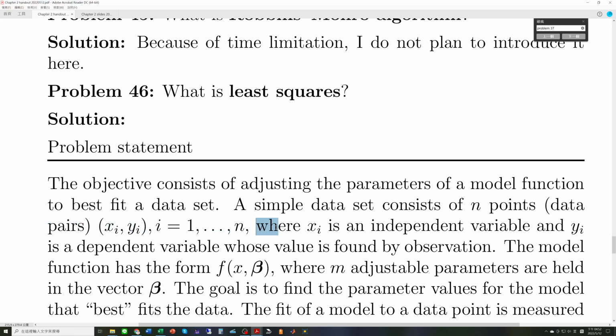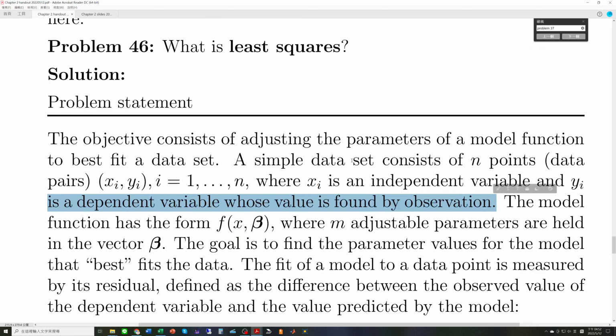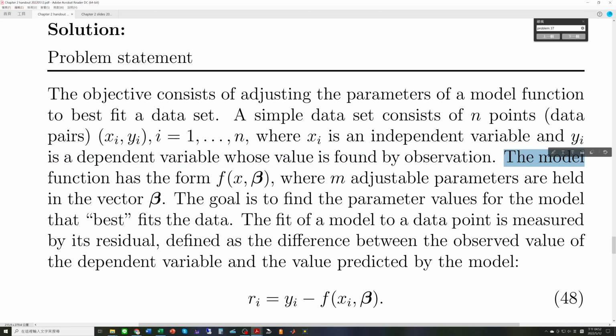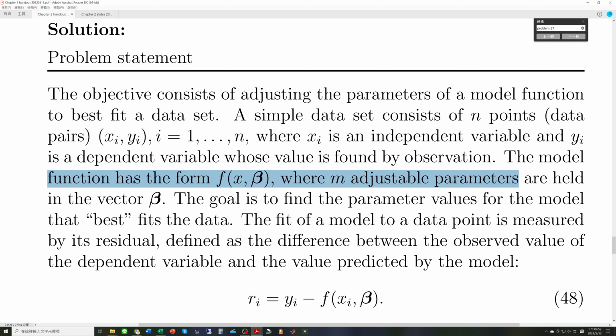Where xi is an independent variable and yi is a dependent variable whose value is found by observation. The model function has the form f of x, beta, where m adjustable parameters are held in the vector beta.